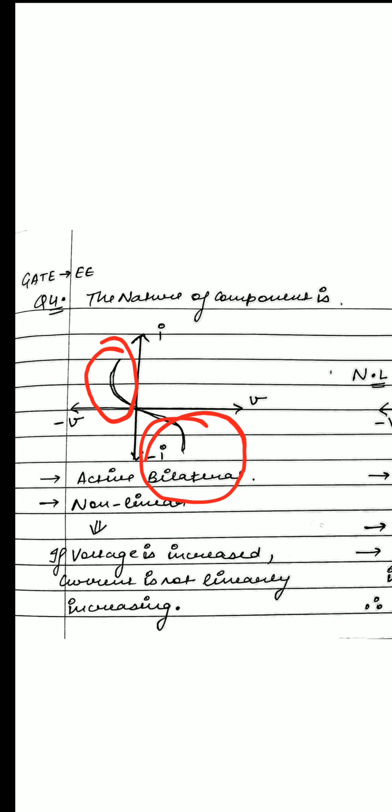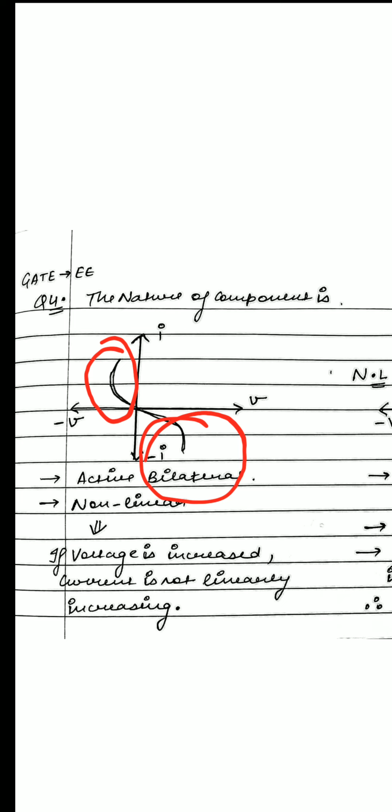Also it is a symmetrical graph, therefore it is bilateral. Also, why is it non-linear? Because with the increase in voltage, after some point current is decreasing. You can check it. If voltage is increased, current is not linearly increasing. Either current is constant or it is decreasing. You can check from the graph.